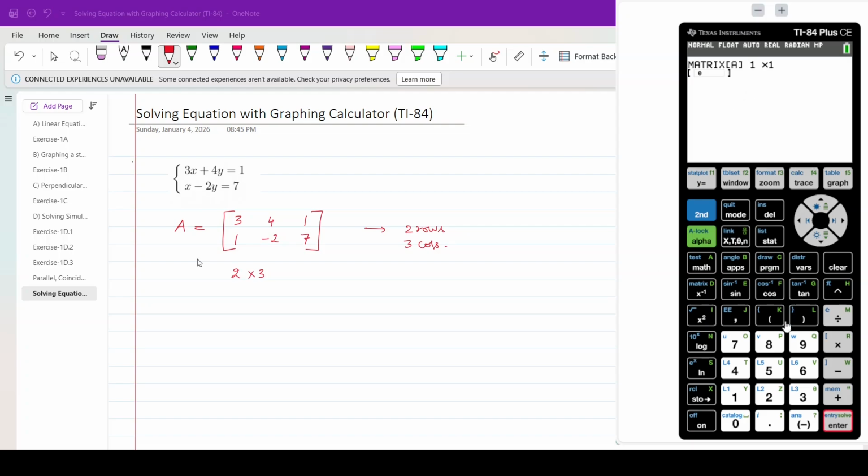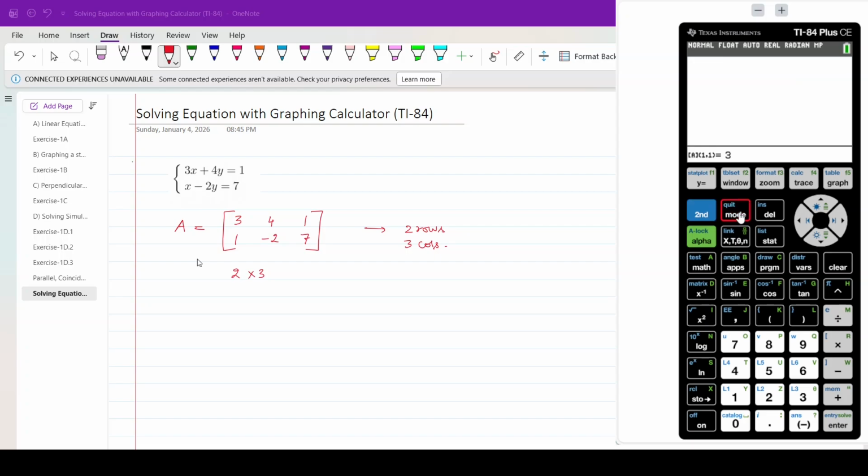Matrix A is 2 cross 3. Now we need to put the values. That will be 3, 4, 1, 1, minus 2, 7. Now we have entered the value of our matrix.